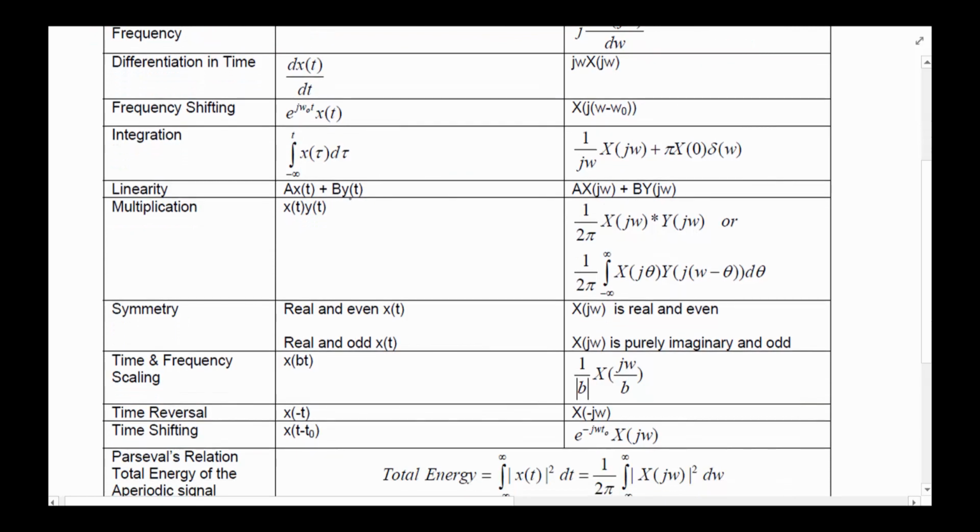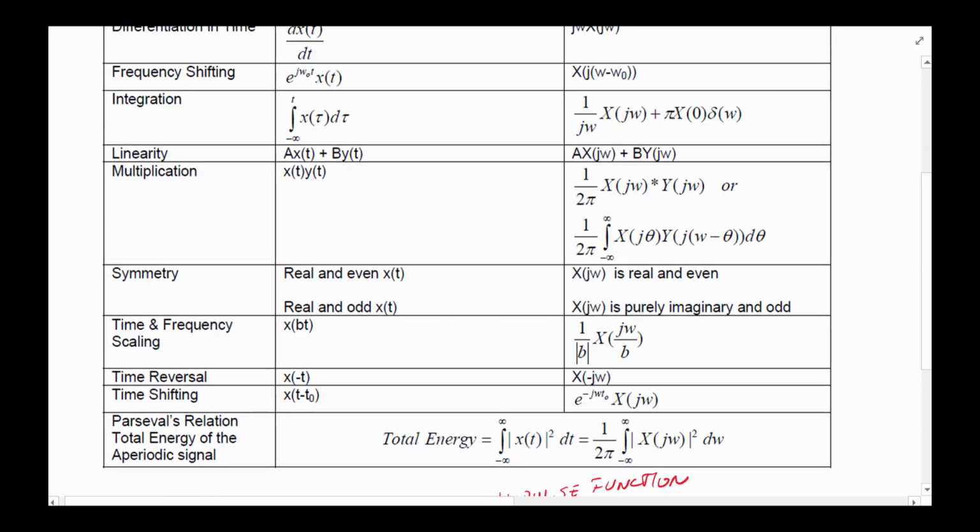If I have two functions and I add them in the time domain, their Fourier transform would be the Fourier transform of each one added together. And all is fair, because convolution in the time domain became a multiplication in the frequency domain, and the reverse is also true: a convolution in the frequency domain is a multiplication in the time domain.